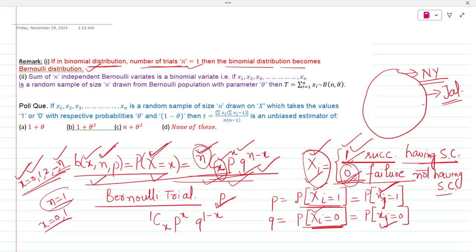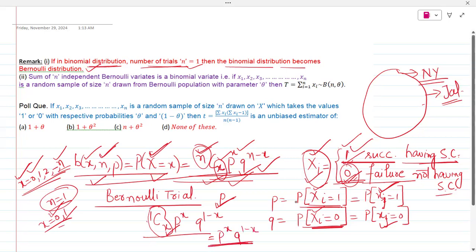Meaning in one Bernoulli trial, either I can have a minimum of no success, 0 successes, or a maximum of 1 success. Now here, what is 1Cx? It is 1, because 1C0 or 1C1 is 1. So this is equal to p raised to power x, q raised to power 1 minus x.